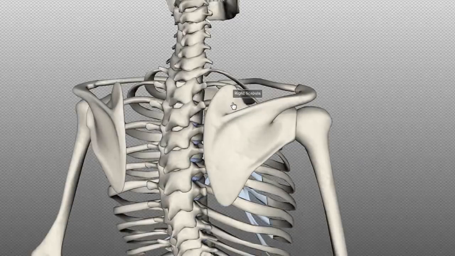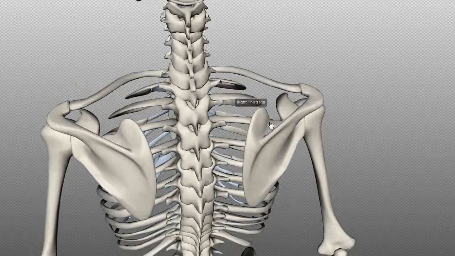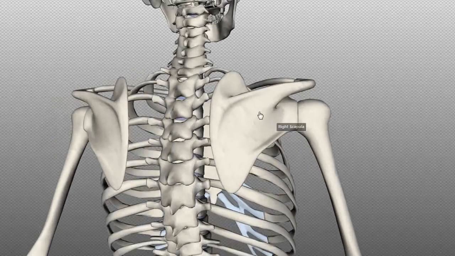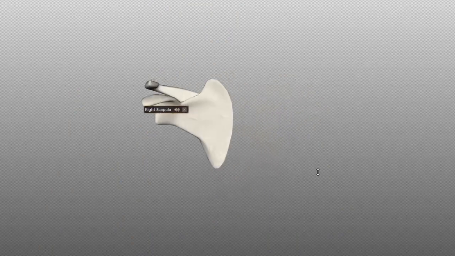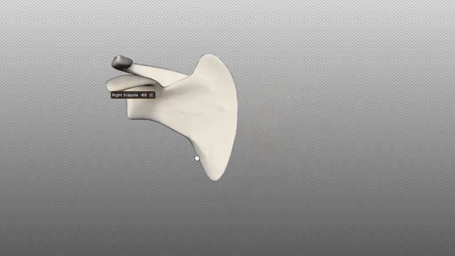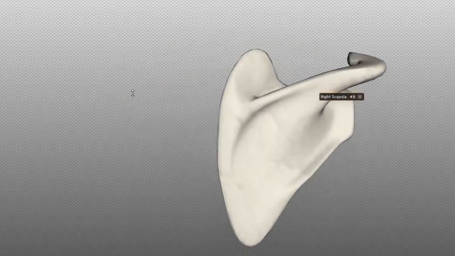In the superior half you've got this little hollowing in the bone, this fossa, known as the supraspinous fossa, because it's above the spine of the scapula, and you've got the infraspinous fossa. On the anterior surface, you've got a fossa called the subscapular fossa, because it's underneath the scapula. So three fossae.